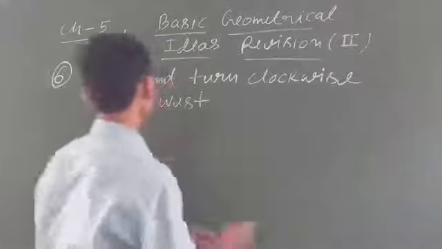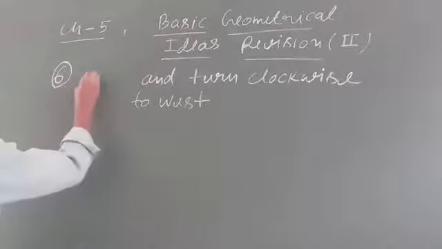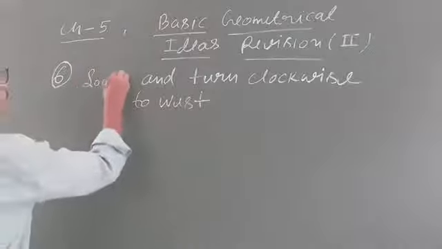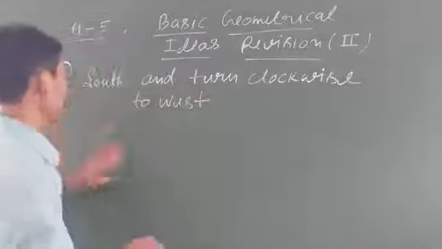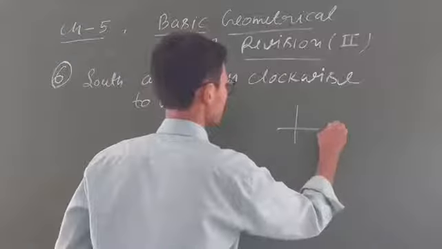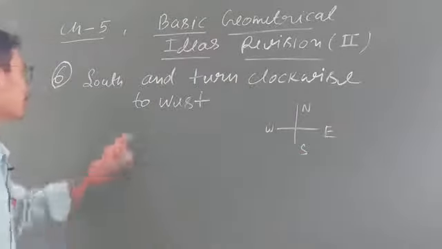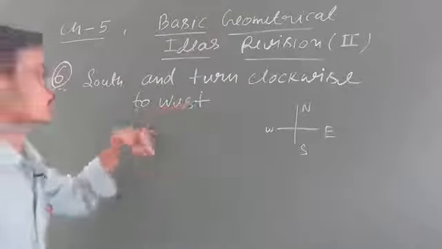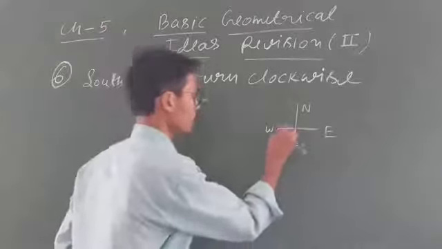Look, this is S, which means south. Here I am going to write south. Look, son, south, and we turn clockwise to west. Okay? So here we will draw a diagram: east, west, north, south. Clear? Now what is given: south and turn clockwise to west. That means from south you have to go to west.